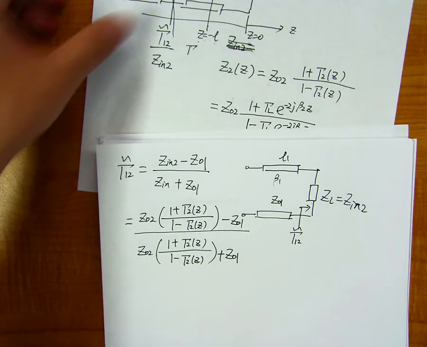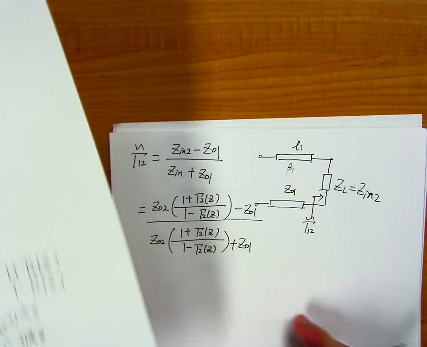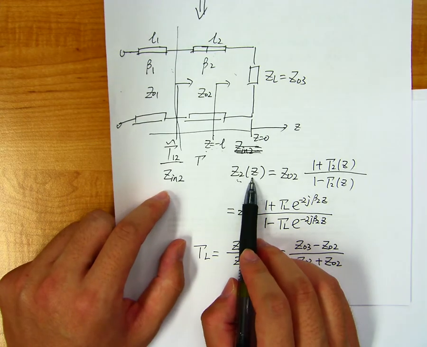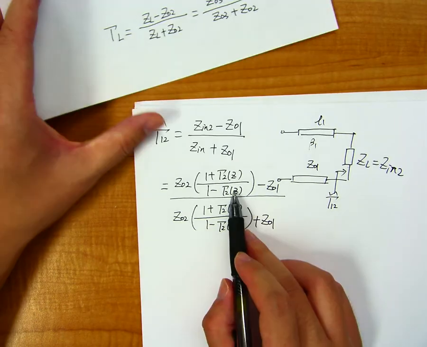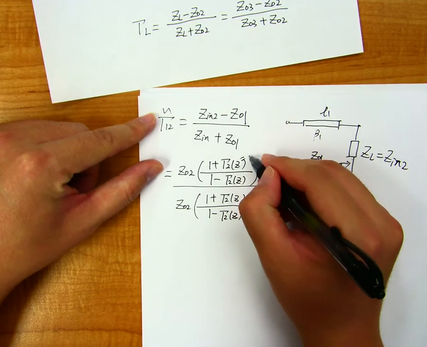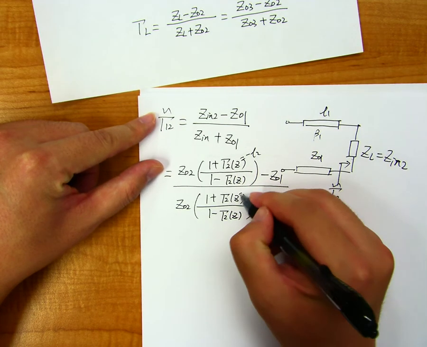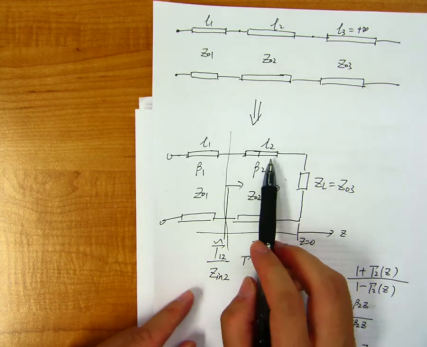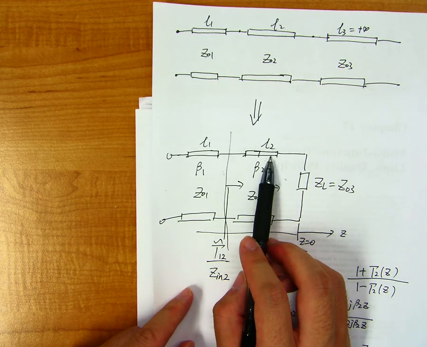So we did nothing but plug Z2 of z into this expression. Here z is equal to negative L2, because the length of the second transmission line is L2.